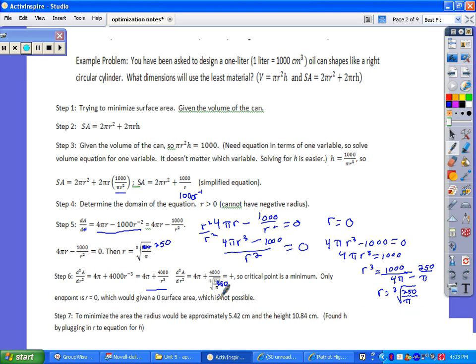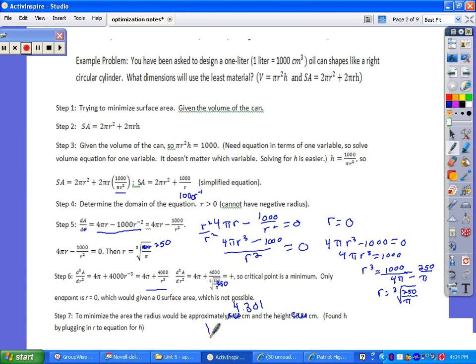So if we solve for r, if we get that as a number, I'm going to take the cube root of 250 divided by pi. And we get r, the radius, is actually 4.301. And then I'm going to have to find my height. I'm going to plug in 4.301 into my height equation, which is all the way up here.